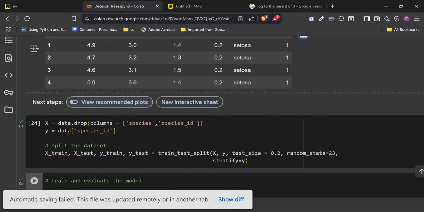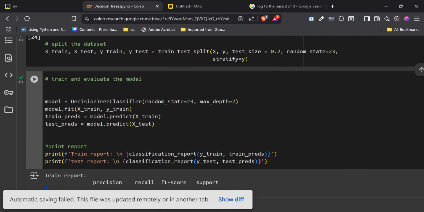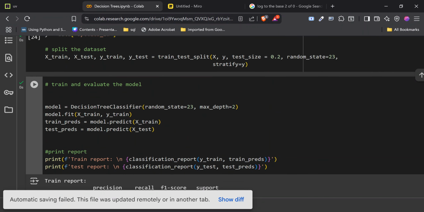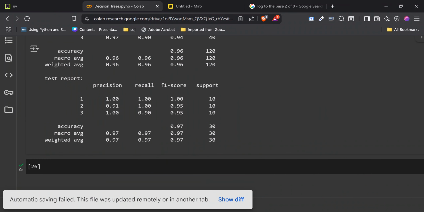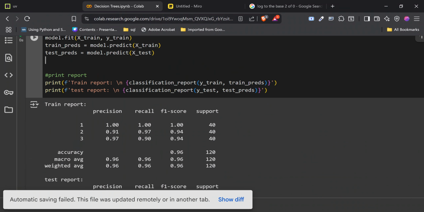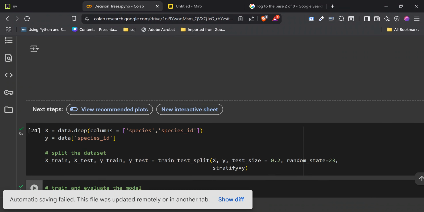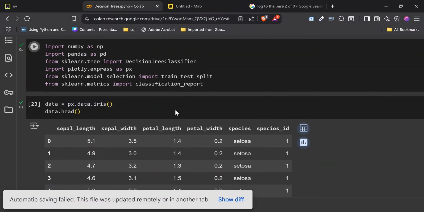So that is basically Sklearn's implementation of it, and the majority of the things have been abstracted away from you. That is how we implement decision trees in Python with Sklearn.